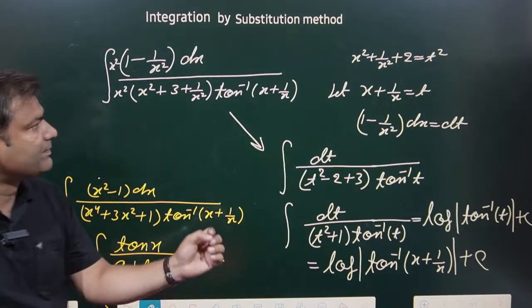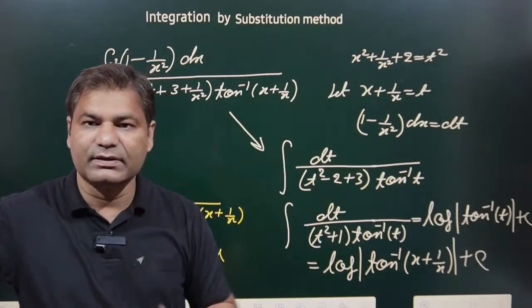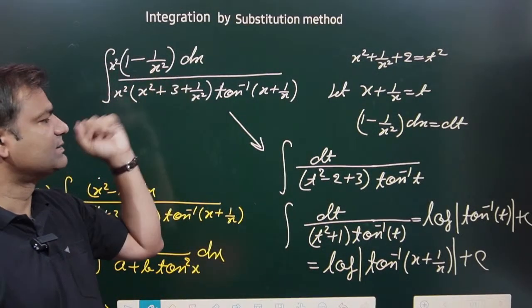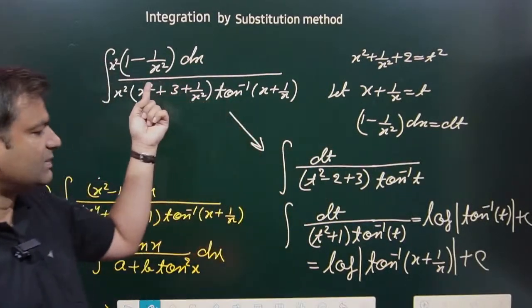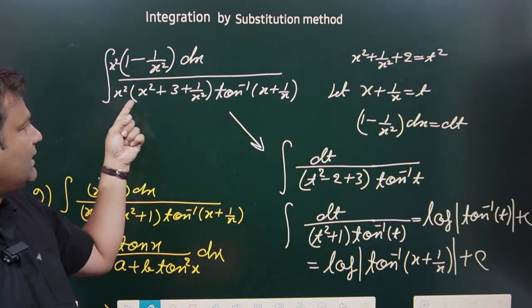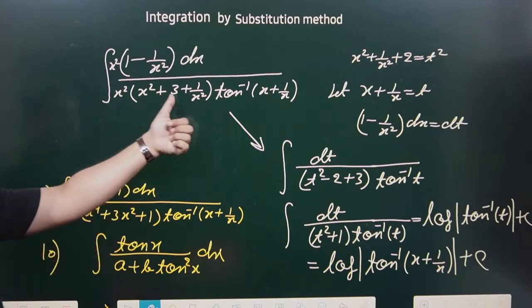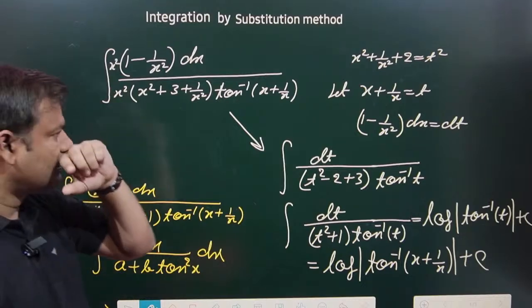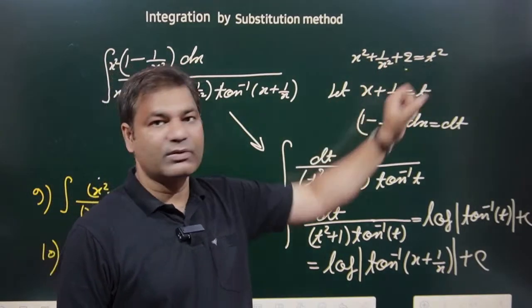Very simple. Look, x plus 1 by x is taken as t, so the differentiation of that is 1 minus 1 upon x square dx. This part is replaced by dt. And here if x square is common in the denominator, then we get x square plus 3 plus 1 by x square, and x square cancels. Now squaring both sides, we get x square plus 1 by x square plus 2 equal to t square.